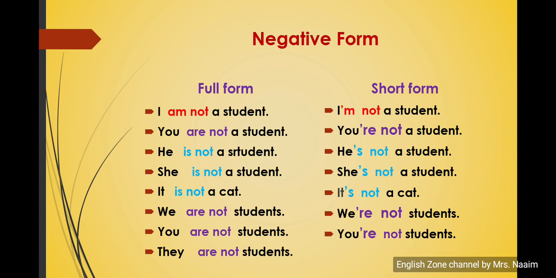Now we move to the short form okay. They're not students. They're not students. So هنا أيضا أزحنا A وضعنا عوضها apostrophe ثم احتفظنا ب RE ثم بعد ذلك أضفنا صيغة النفي ألا وهي not أوكي.